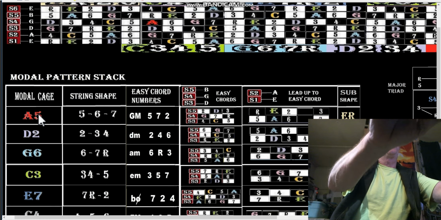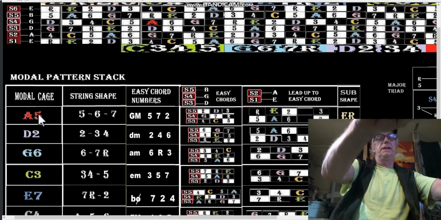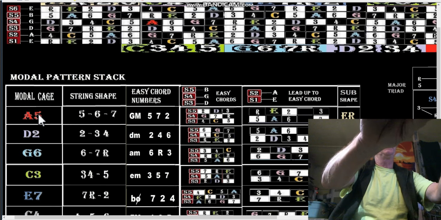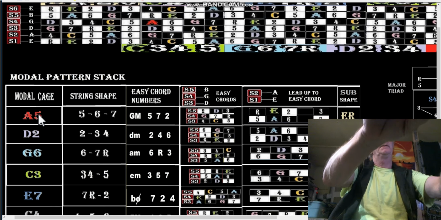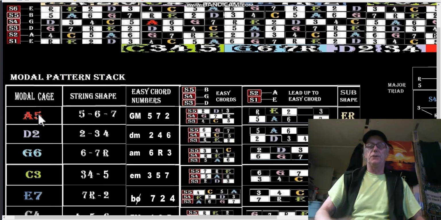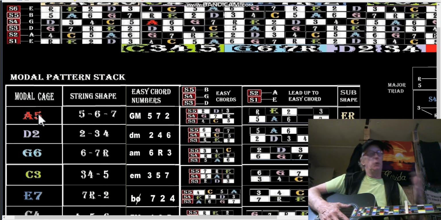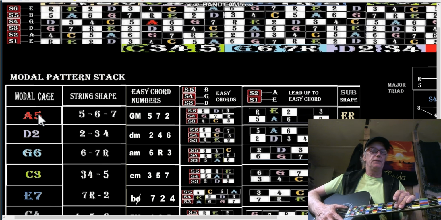It's the third of the key of C, second of the key of D, the root of the key of E, the 7th of the key of F, the 6th of the key of G, the 5th of the key of A, the 4th of the key of B, and once again the 3rd of the key of C. So you can play these shapes from the open string in 7 different keys.